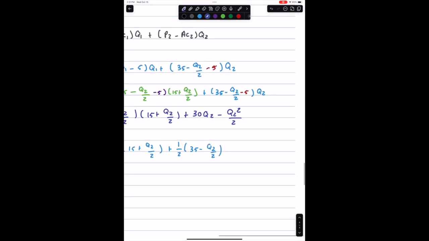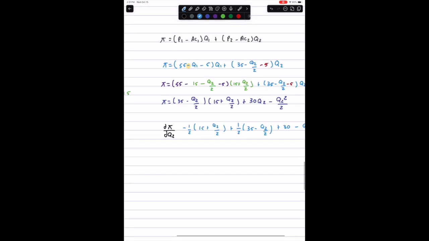I put in price 2, which is 35 minus Q2 over 2. I forgot to subtract the 5, which is the average cost of 2. So as we're taking the derivative, this changes, plus 30 minus Q2, right? Because we know that the derivative of Q2 squared over 2 is just Q2. Okay, now we're starting to get somewhere.